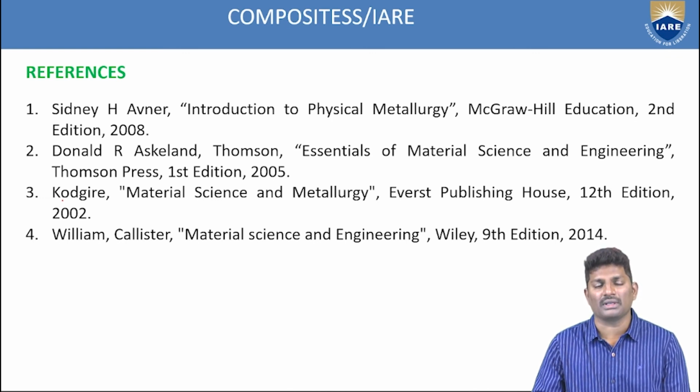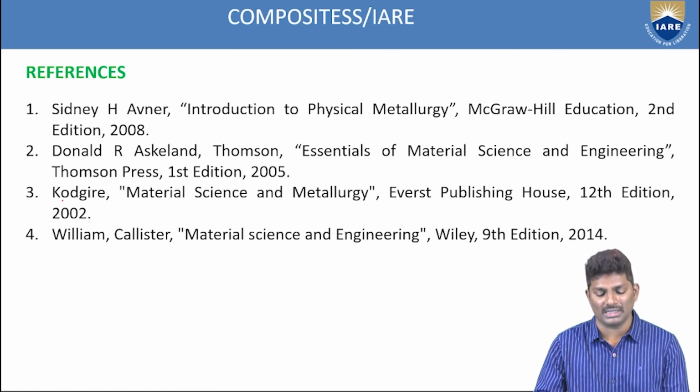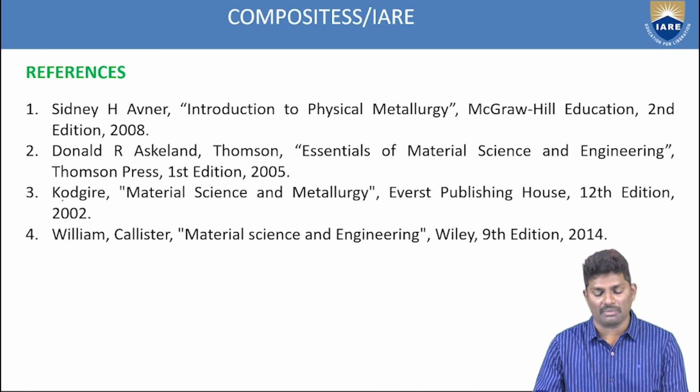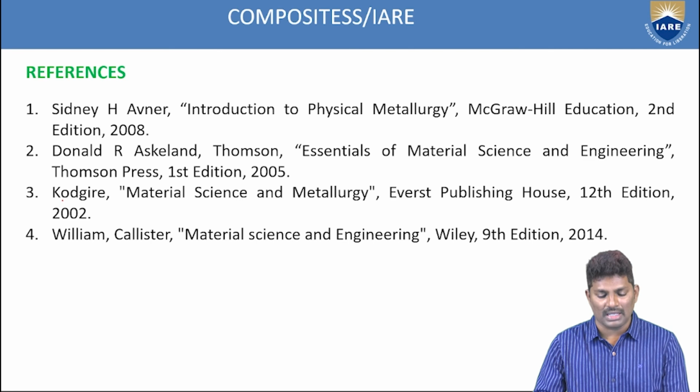If you want to refer to the topics about composite materials, you can go with Introduction to Physical Metallurgy. The second one is Essentials of Materials Science and Engineering. The third one is Material Science and Metallurgy. And the last one is Material Science and Engineering.